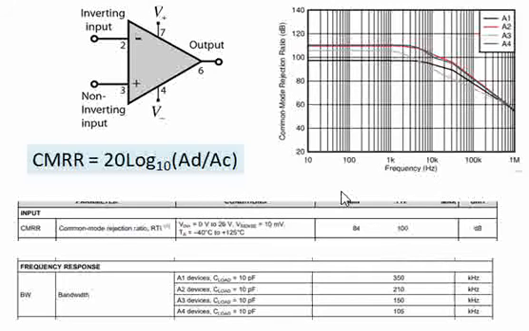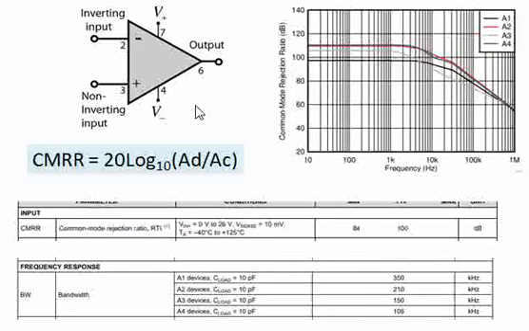Let us see what is the significance of this common mode. An op-amp basically is a differential amplifier, right? What a differential amplifier does is that the output of this op-amp is the difference between the input voltages applied on the inverting and the non-inverting terminals.